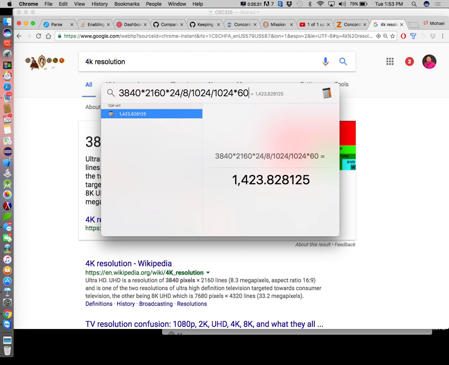Now, having said that, and I think he pointed out one time, there is a feeling of smoothness at 120 frames a second versus 60 frames a second versus 40 frames a second.